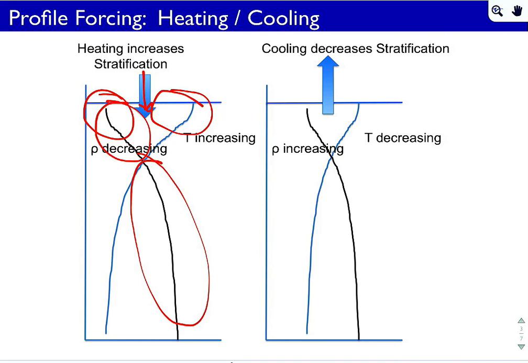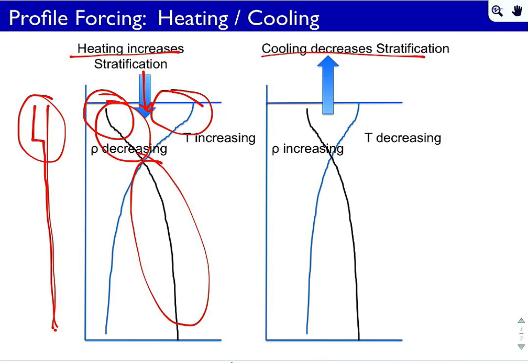And it's gone further from the case of having uniform density. With heating, we can reduce the density at the surface. So we can have lighter water overlying heavier water. This is from heating.